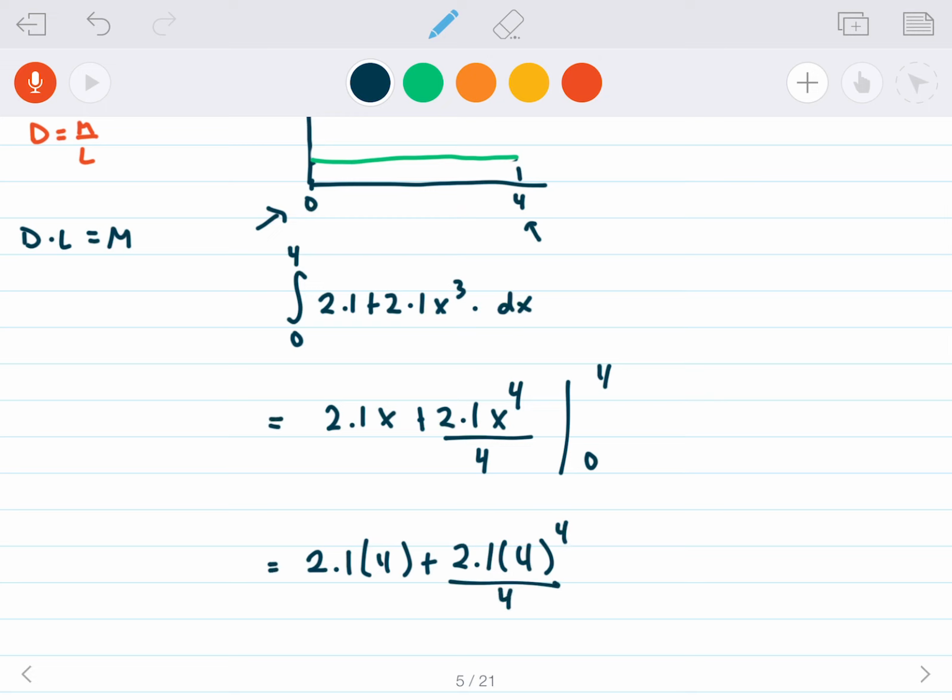When we apply the fundamental theorem of calculus, we end up getting minus 0 when we plug in 0 for x, so just leave it like this. Then punching this in the calculator, I'm getting 142.8 grams. This is my mass of the object.